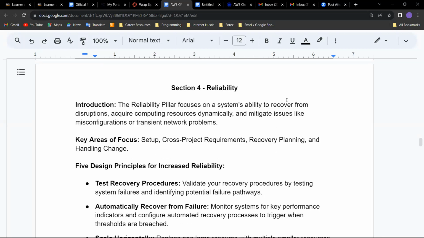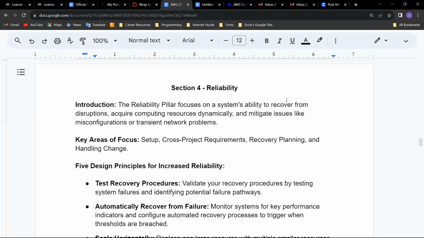So reliability focuses on a system's ability to recover from disruptions, acquire computing resources dynamically, and mitigate issues like misconfigurations or transient network problems. What big English is this? Oh, okay.